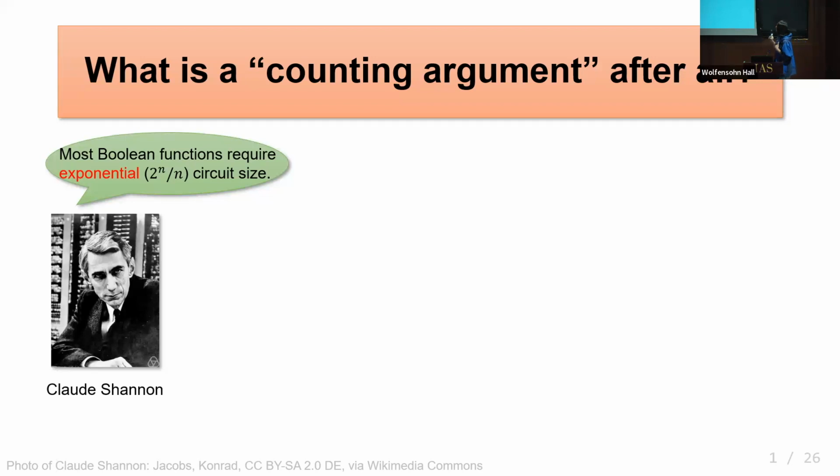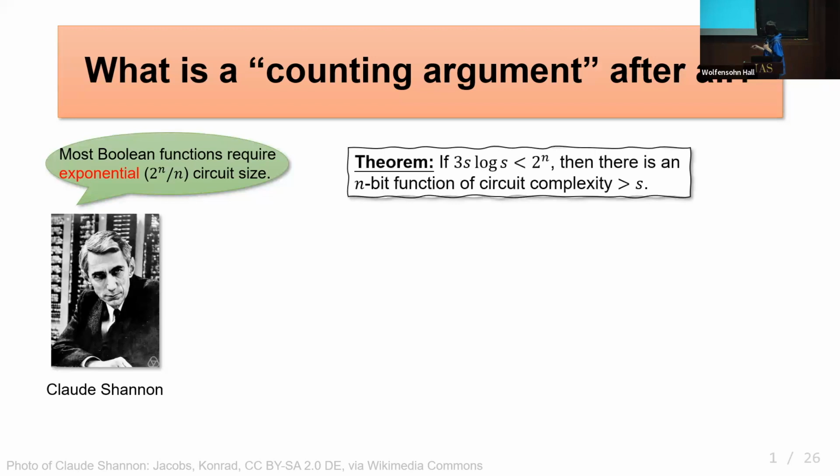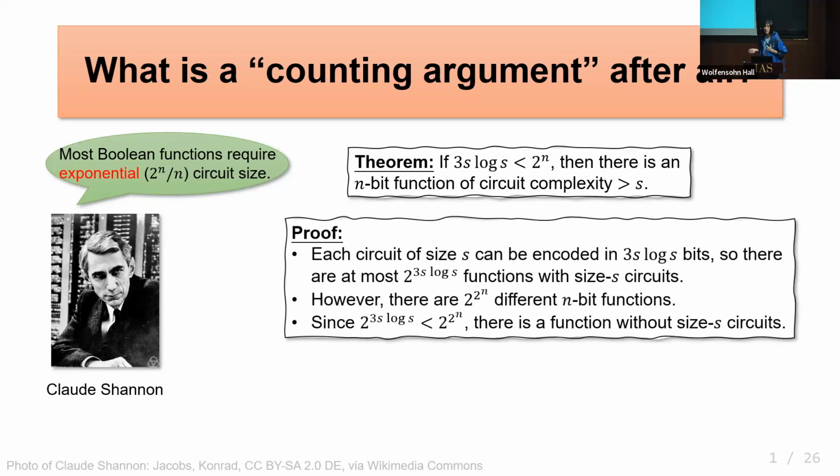So, what is a counting argument? Let's review the proof. If the size parameter s is somewhat smaller than 2 to the n, then there is an n-bit function that requires circuit size larger than s. The proof is simple. We just compare the number of small circuits versus the number of n-bit functions.